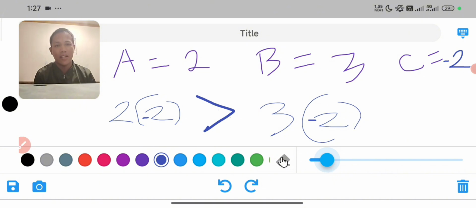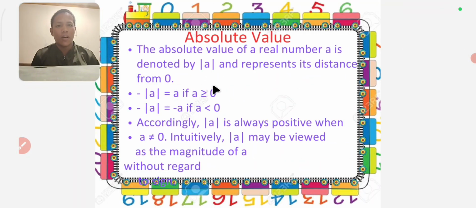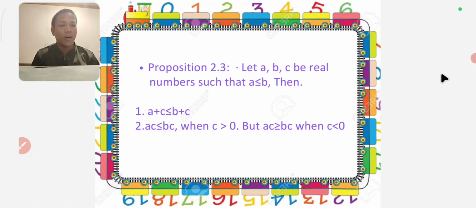In this case, negative 6 is less than negative 4. So that satisfies the law of trichotomy. When C is less than 0, A times C is more than or equal to B times C. So I think that's all from my part.